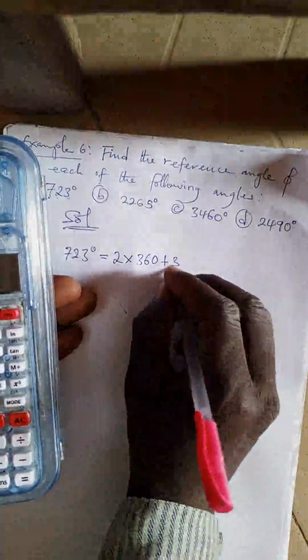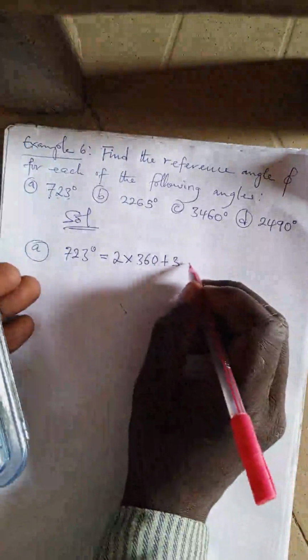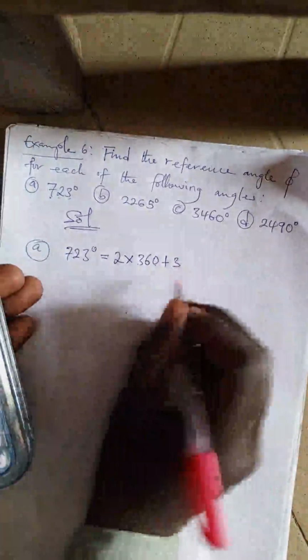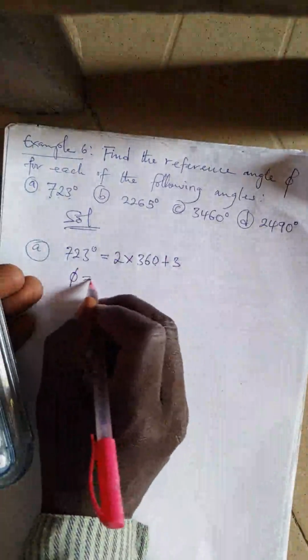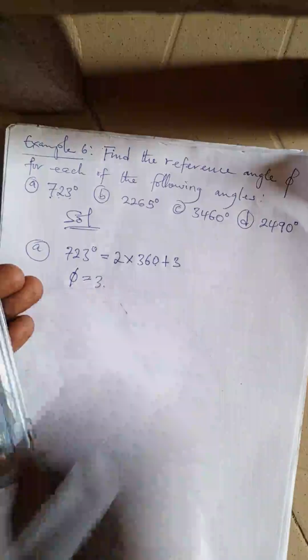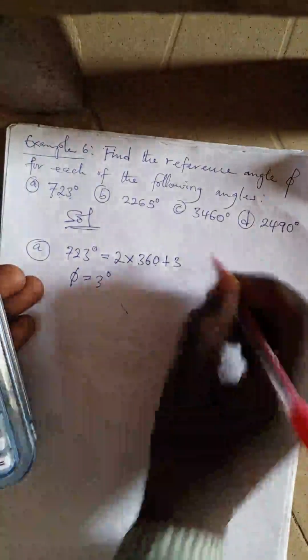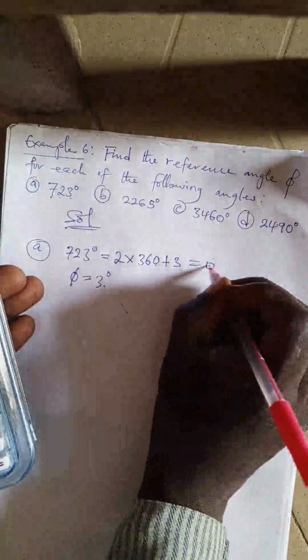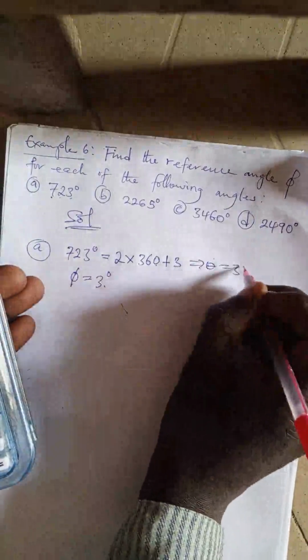So this is plus 3. So here you say phi is equals to 3 degrees, because this is your theta now. It implies that theta is equals to 3 degrees.